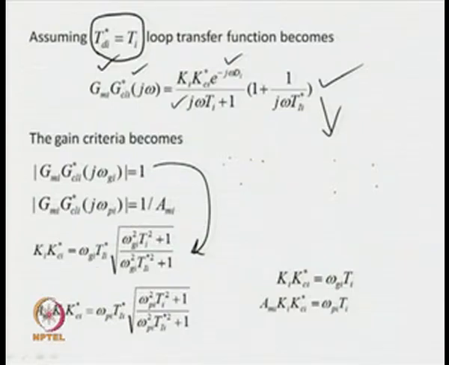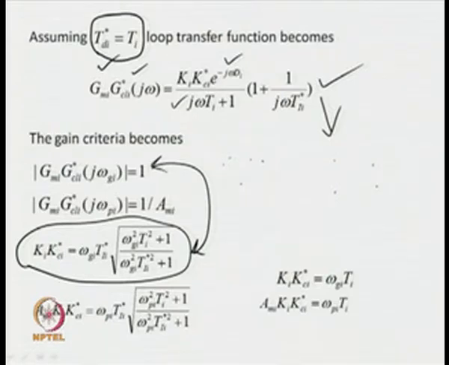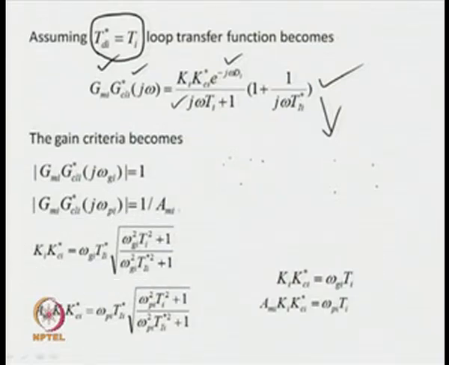So, it is very easy to get this expression from this condition. Similarly, the second expression can be simplified and written in the form of Am i Ki KCi star equal to omega pi Ti star times root of (omega pi square Ti square plus 1) upon (omega pi square Ti star square plus 1).